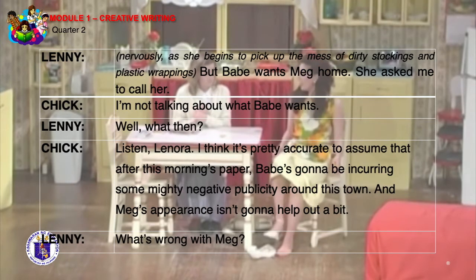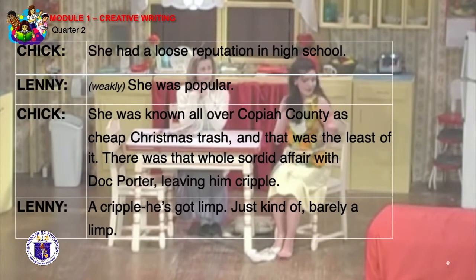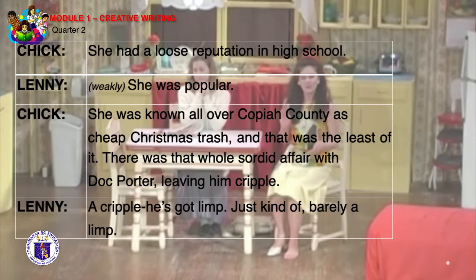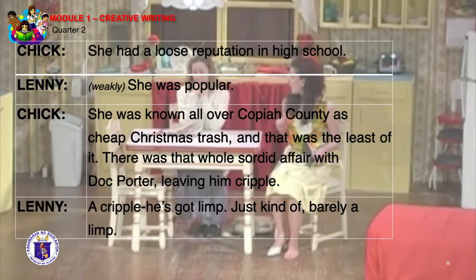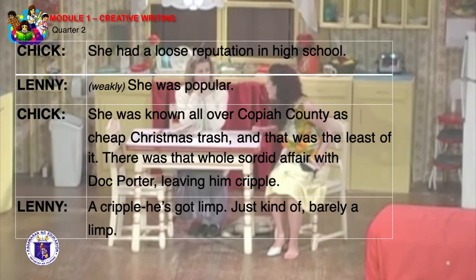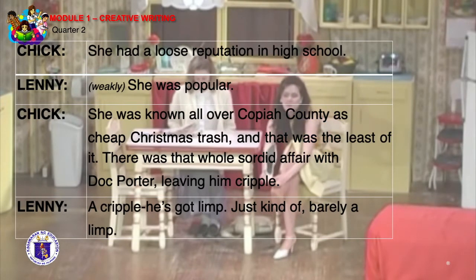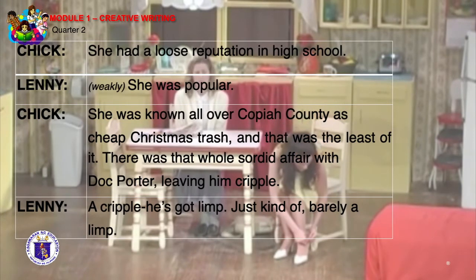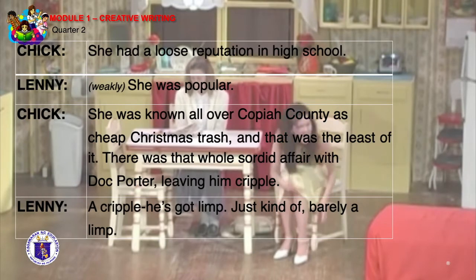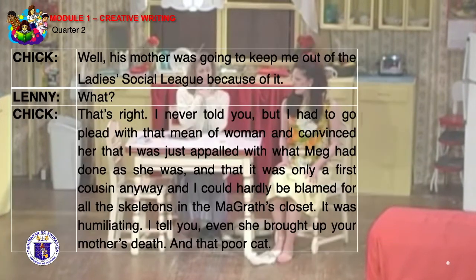"What's wrong with Meg?" "She had a loose reputation in high school." "She was popular." "She was known all over Copiah County as cheap Christmas trash, and that was the least of it. There was that whole sordid affair with Doc Porter, leaving him crippled." "A cripple? He's got a limp, just kind of barely limped."